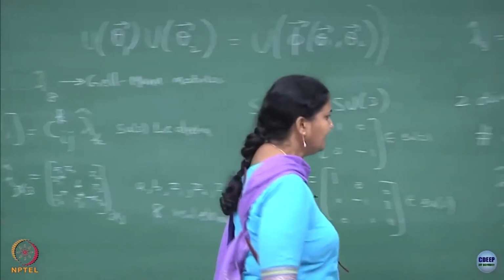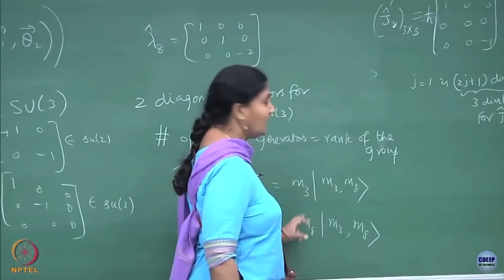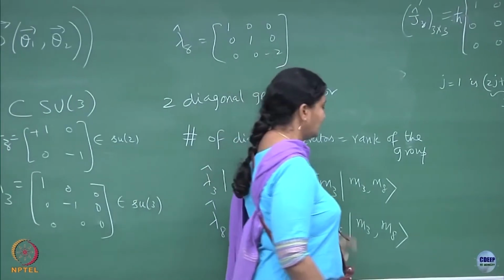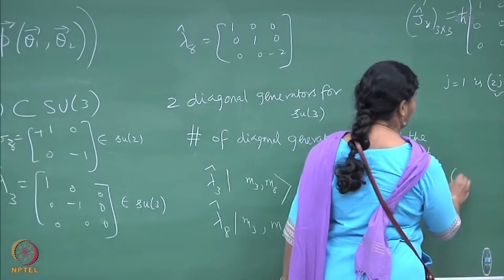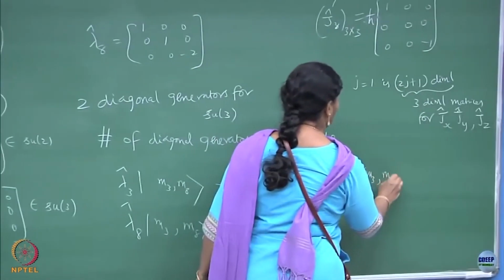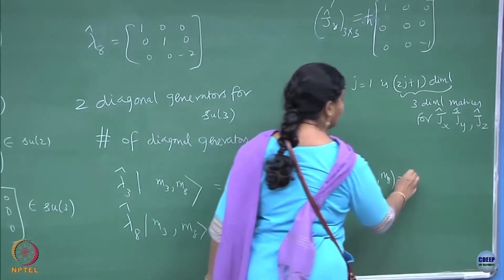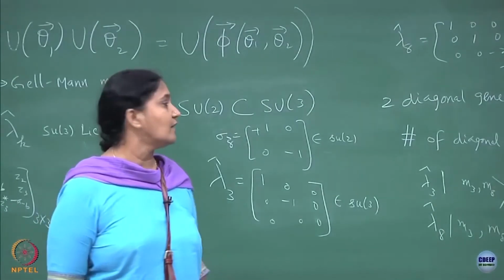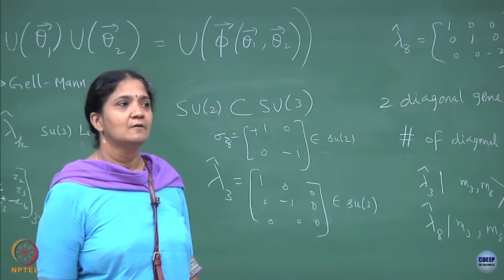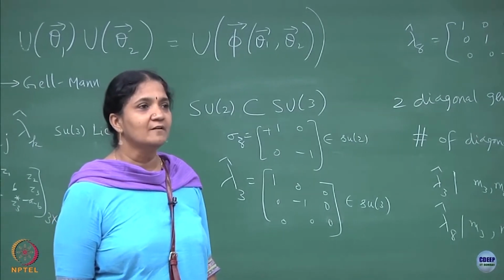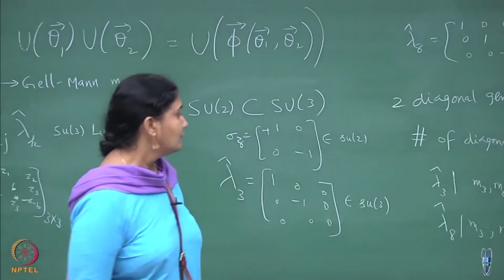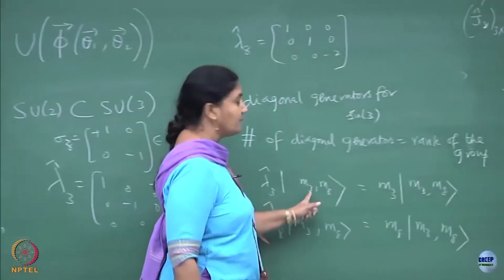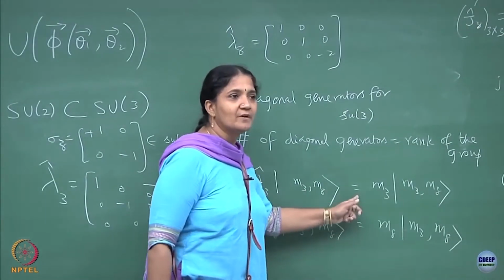Okay. So many times this M3 and M8 together, they write this as an M vector. So M3 and M8 are the 2 components of the M vector, okay. So if you operate lambda 3 on the M vector, it pulls out the first component.